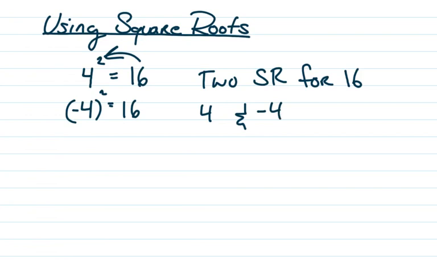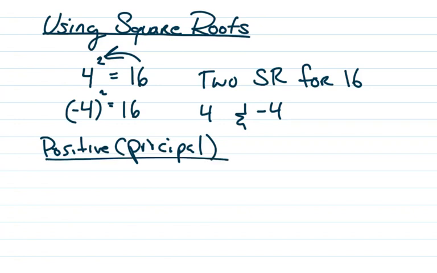So you might be asking yourself, how can I distinguish between the two? If I'm just taking the square root, how do I know whether the question is asking for the negative square root or the positive square root? Well, there is certain notation to denote each. The positive, or principal, square root is denoted like this.